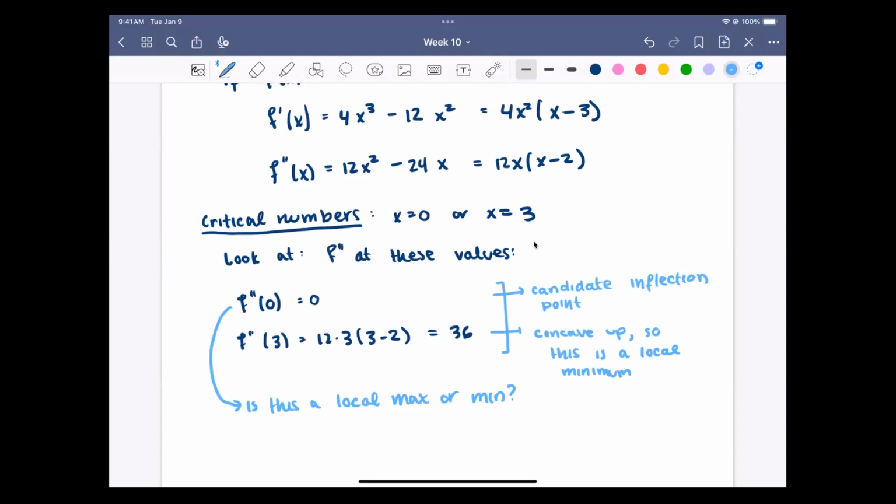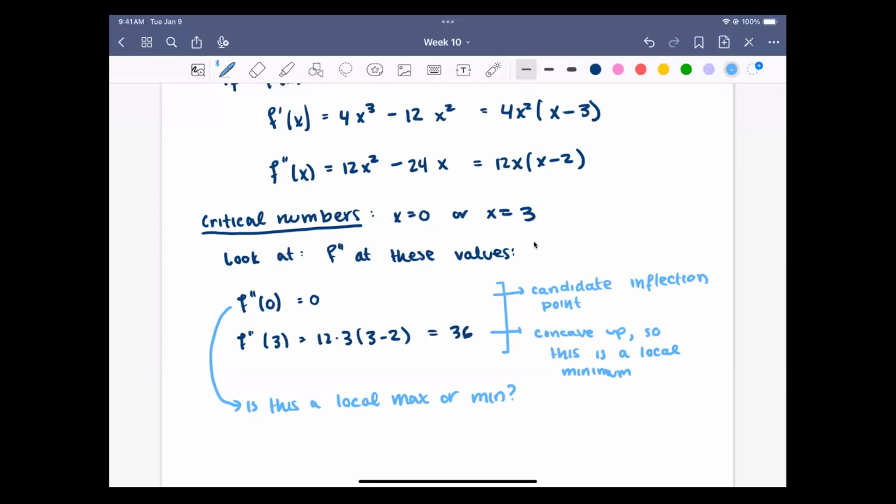I think it is possible. Yeah, so how can we check if this is a local max or min using the test that we know?